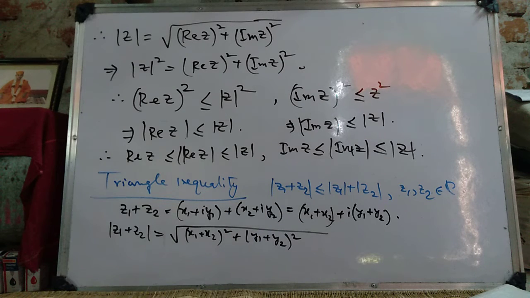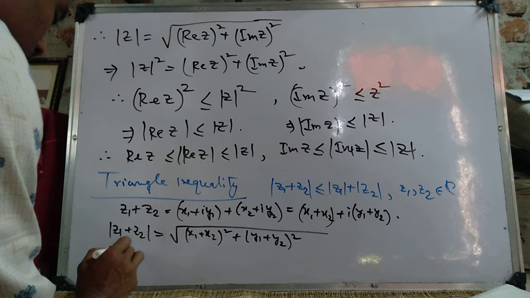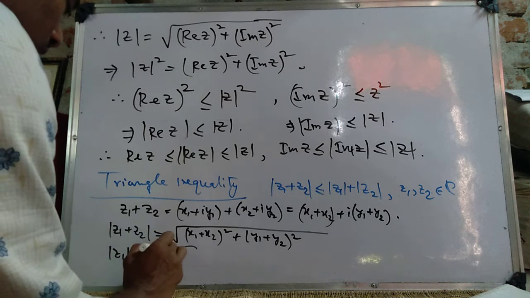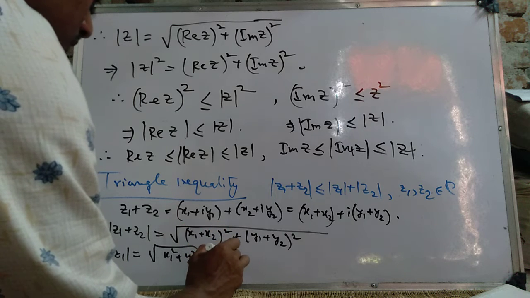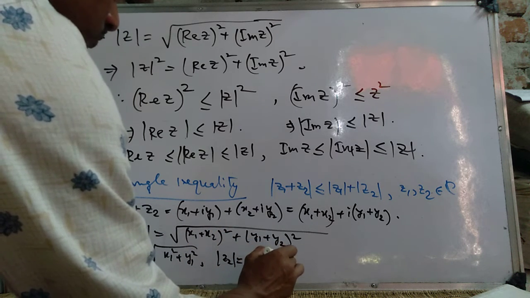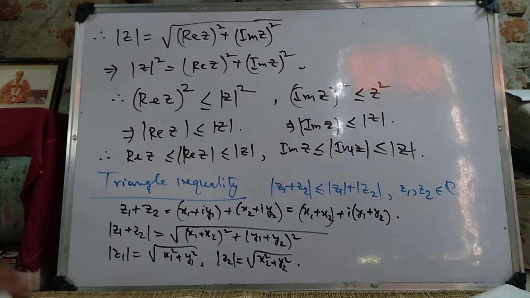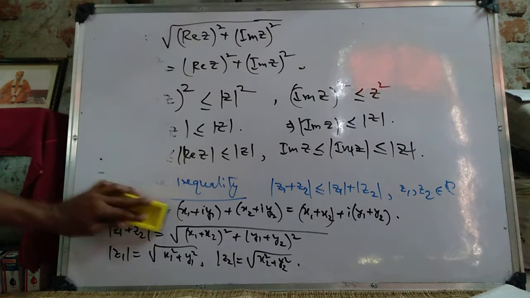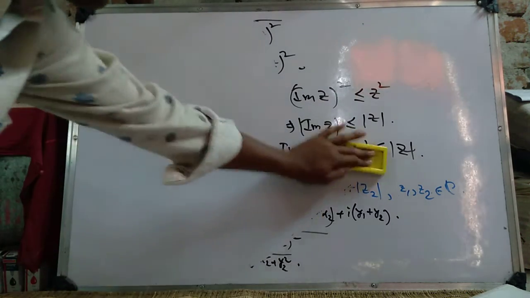Again we write mod of z1 equals the square root of x1 square plus y1 square, and mod of z2 equals the square root of x2 square plus y2 square. Then we go forward with discussion about that portion.